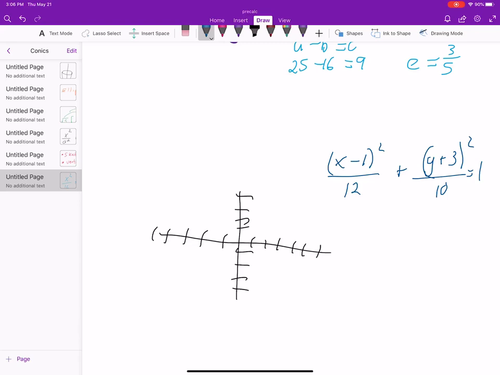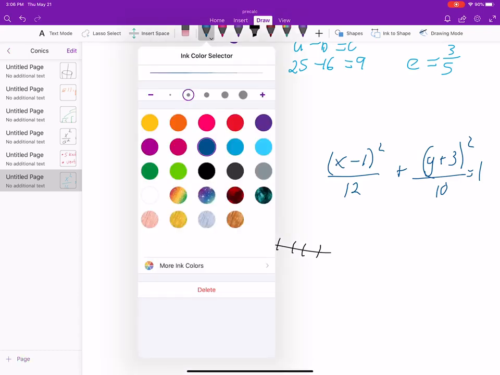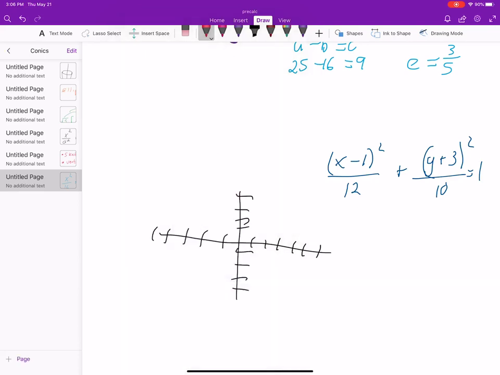So we have something like that. All right, 1 and -3 is my center point. I'm going to go with a red for the ellipse. So I'm going to go 1 and -3. So there's where the center is. I'm going to write that down. Center is 1, -3.